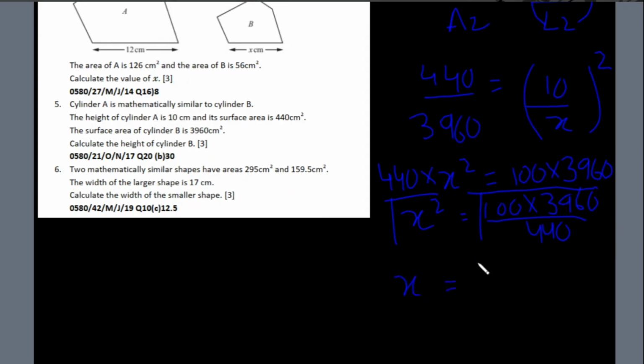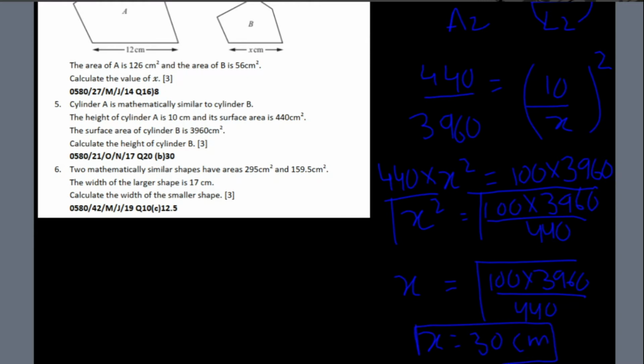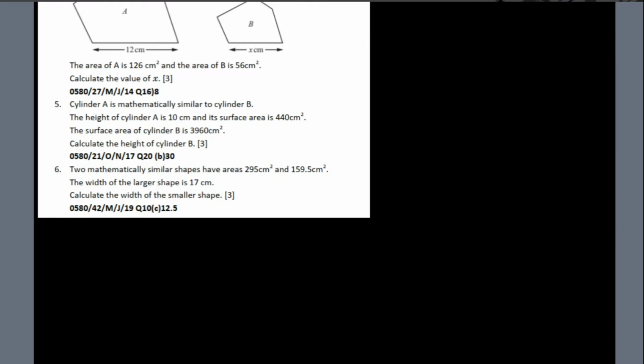So this becomes x equals under root 100 times 3960 over 440. So I'm going to enter under root, fraction key, in the numerator I'm entering 100 times 3960, in the denominator I'm entering 440. This is giving me 30. So x equals 30 centimeter. Okay. Question 6.